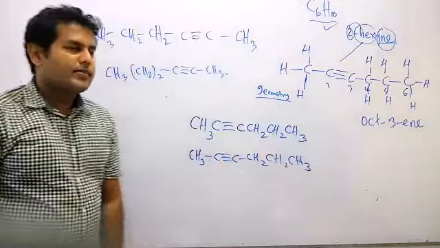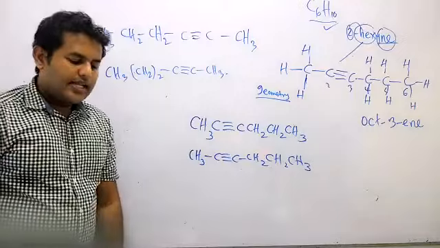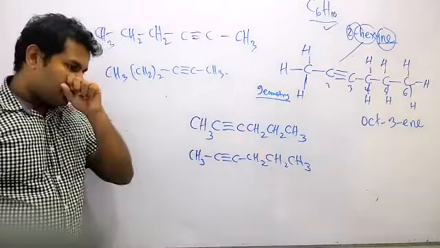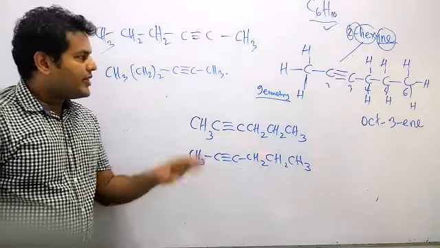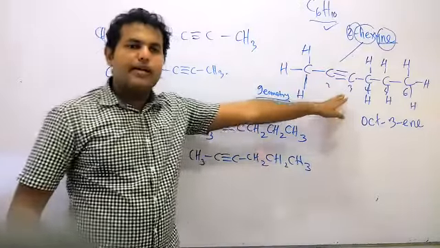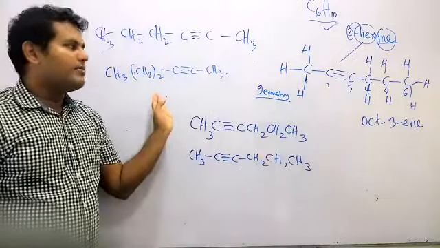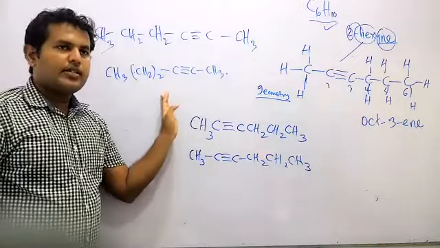Oct-3-ene. Oct-3-ene, that's the last one. So if you have written the geometry like this, please adapt to here. It is structural formula. Please try to come up with these structures.